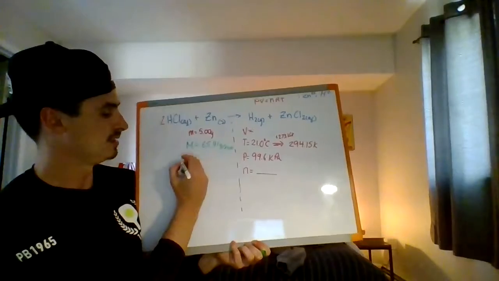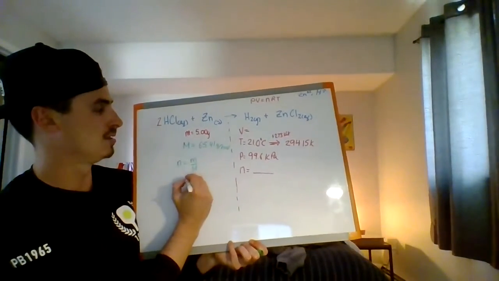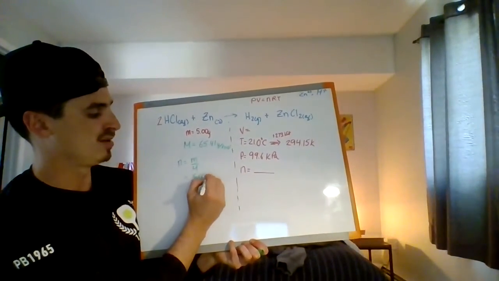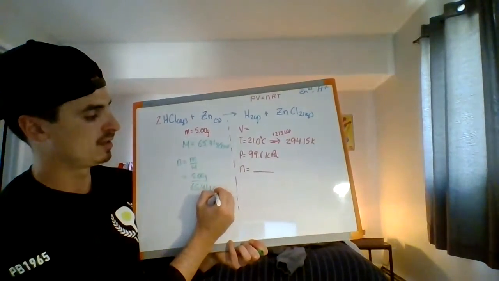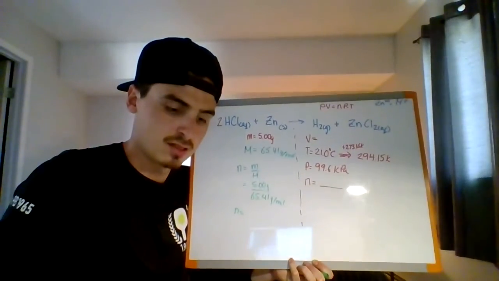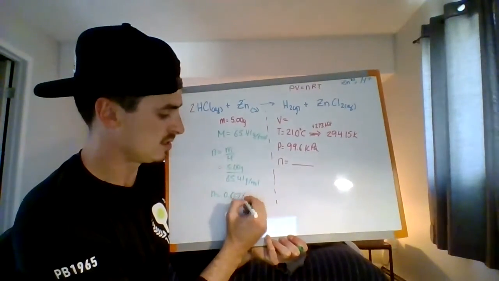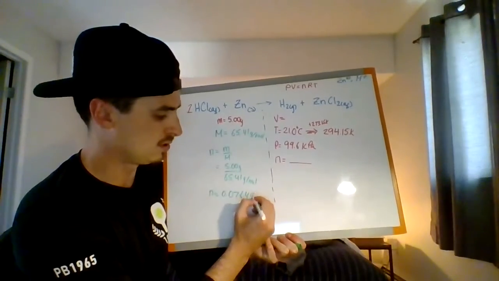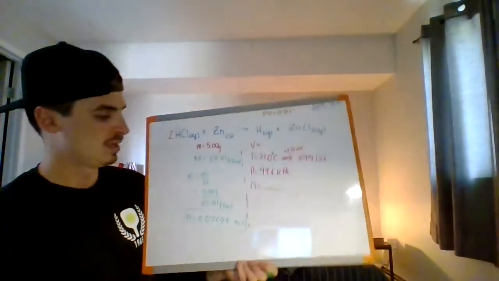Yeah, we've done it enough. Mass over molar mass. Okay, 5 over 65.41 grams per mole. 0.07644 moles. Box around that number, don't round it.